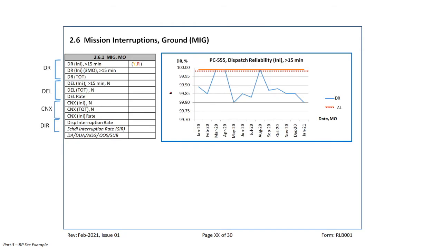Now, let's move to the next slide. And one of the most controversial, arguable, questionable items, which is dispatch reliability, and our subject title is Mission Interruption Ground.